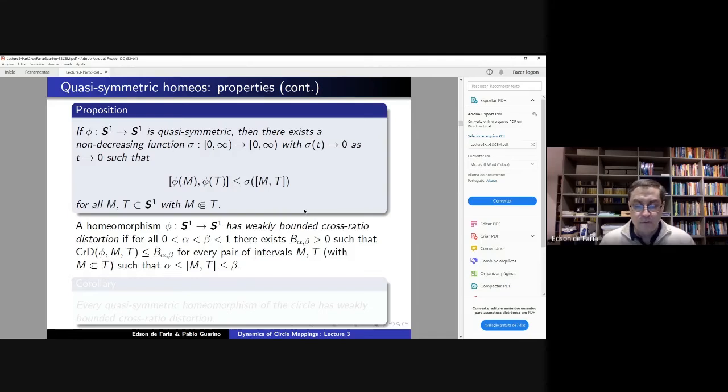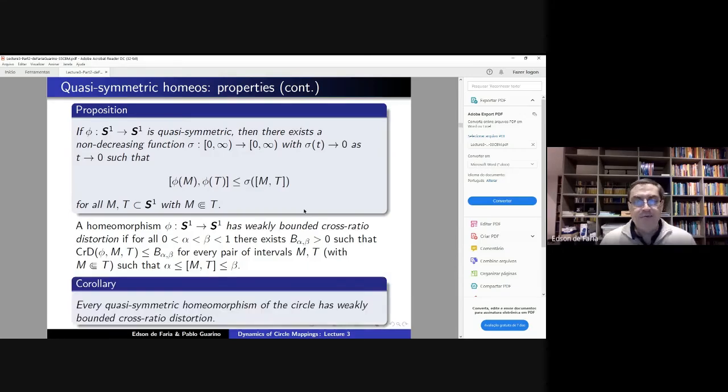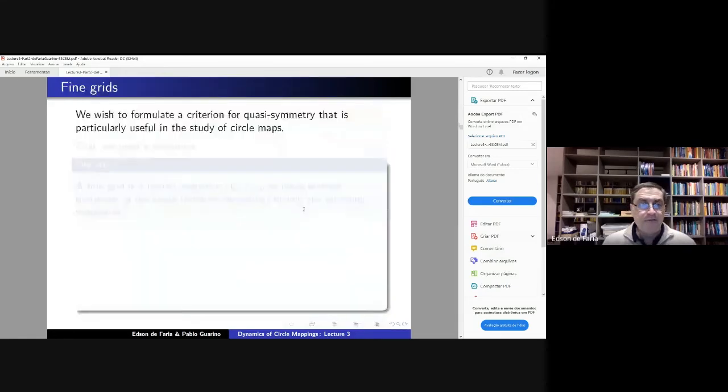This is what it means to have weakly bounded cross ratio distortion. And the corollary to the proposition is that every quasi-symmetric homeomorphism of the circle has weakly bounded cross ratio distortion.